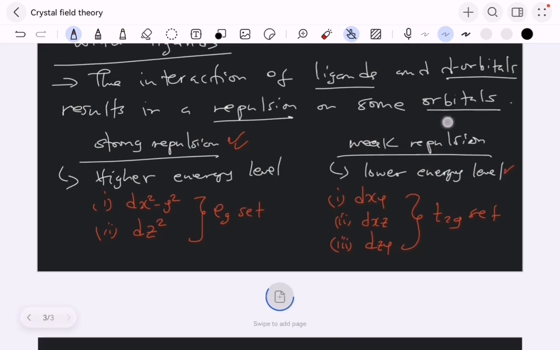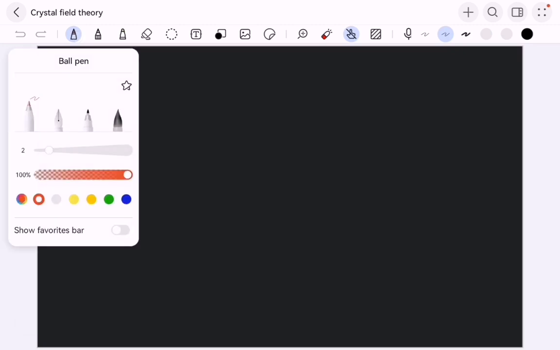Now, why are we going to experience what we have just explained? Why is it that some orbitals will occupy a higher level of energy, and the other ones will occupy a lower energy level? This has got everything to do with the orientation.